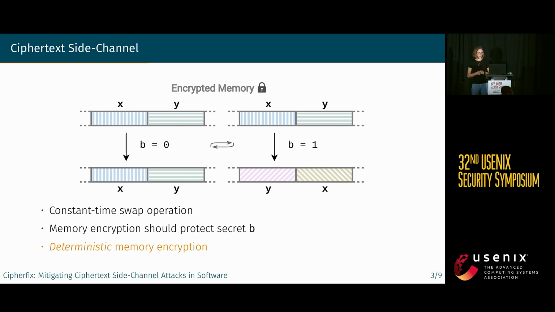But if we write the same value to the same address again, then we will see the same ciphertext, and that's what you see on the left-hand side of the picture. But if the bit B was 1, then you swap the values, so you wrote a different value to memory, and then you'll get a different ciphertext. By observing the changes in the ciphertext, you can leak the secret bit B in this implementation.